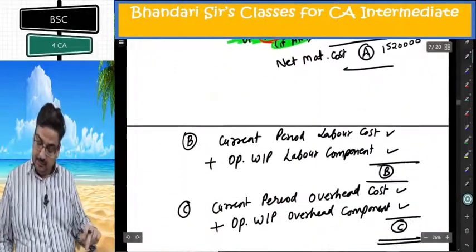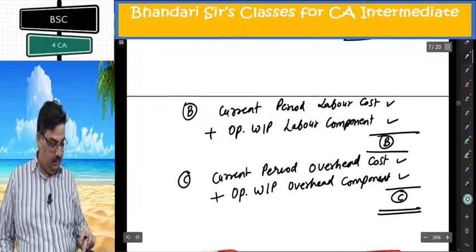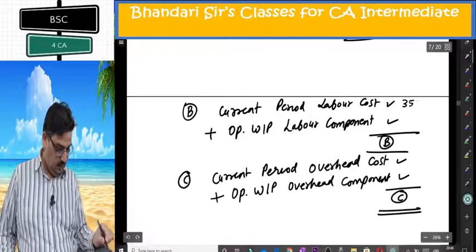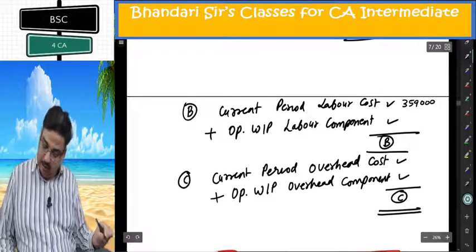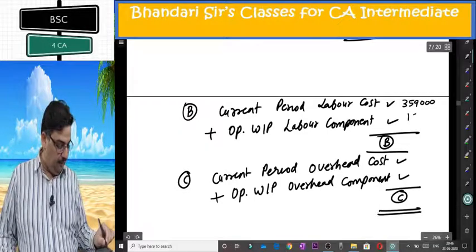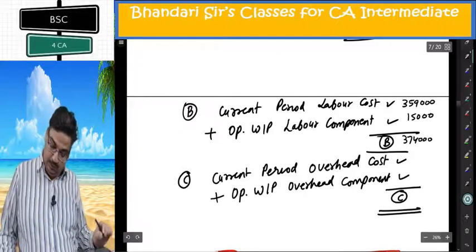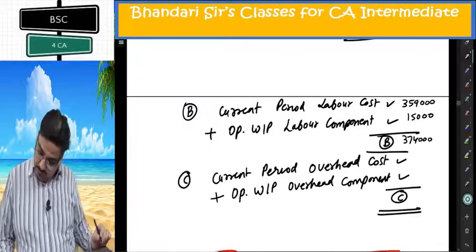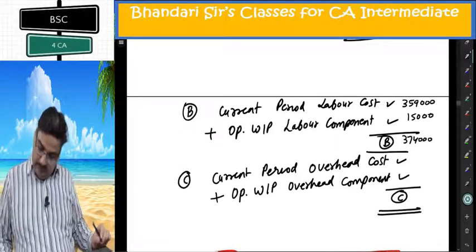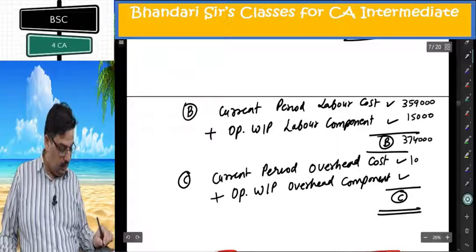Labor cost. Current period 3,59,000 and 15,000. 3,74,000. Overheads 10,77,000 current period.